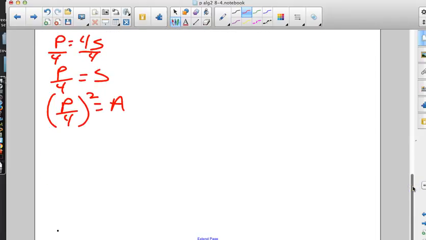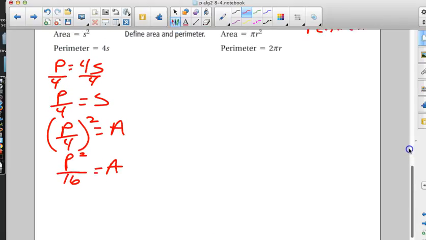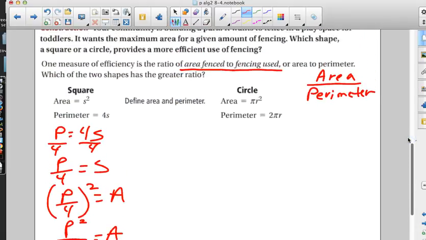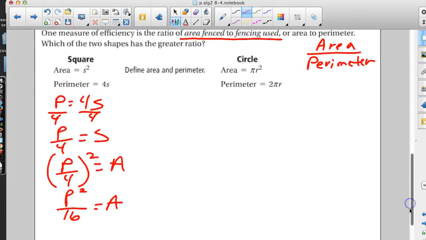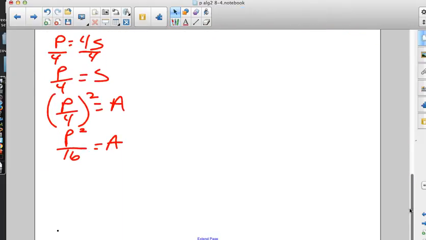We can do a little math there. That's going to give us p squared over 16. Now, they told us what we want to do is compare area to perimeter. Overall, that's what we're supposed to do. So let's see. Area is right here.